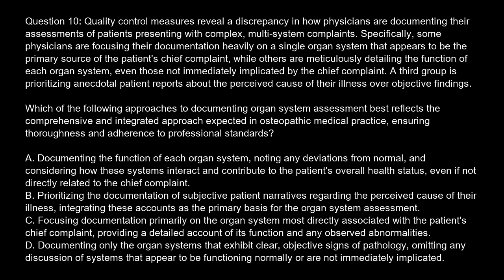Option C. Focusing documentation primarily on the organ system most directly associated with the patient's chief complaint, providing a detailed account of its function and any observed abnormalities. Option D. Documenting only the organ systems that exhibit clear, objective signs of pathology, omitting any discussion of systems that appear to be functioning normally or are not immediately implicated.